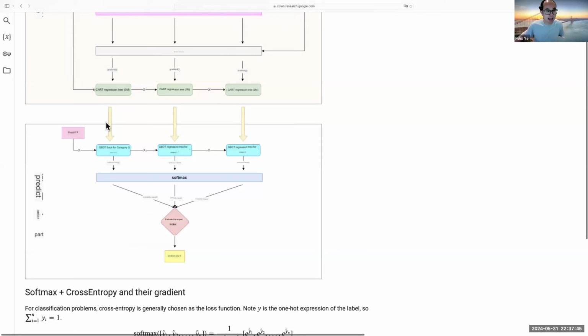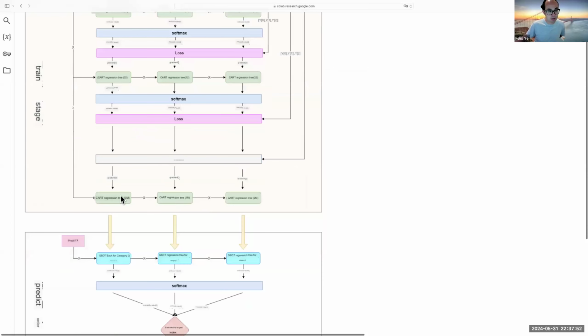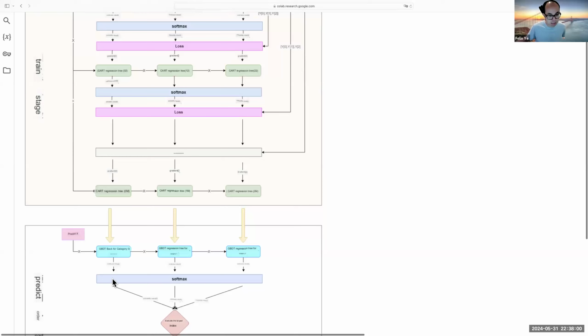Everything here is very similar to regression, but the difference is that we take the outputs of these ensembles, then apply the softmax layer. Then we output the probabilities, and through the probabilities, it outputs which labels will be predicted.